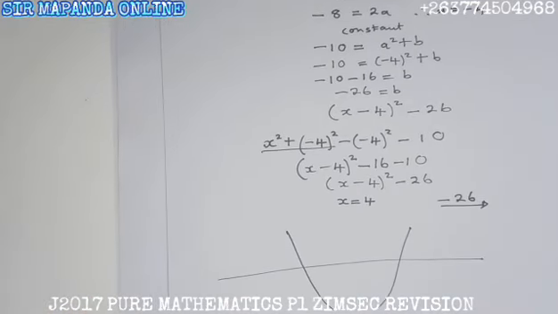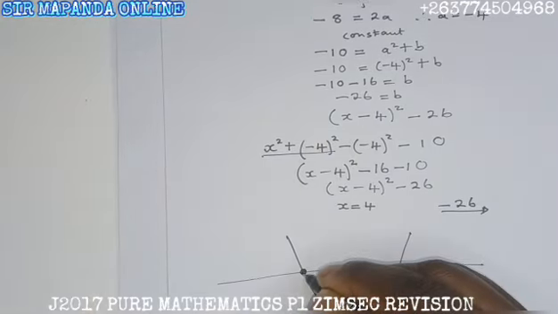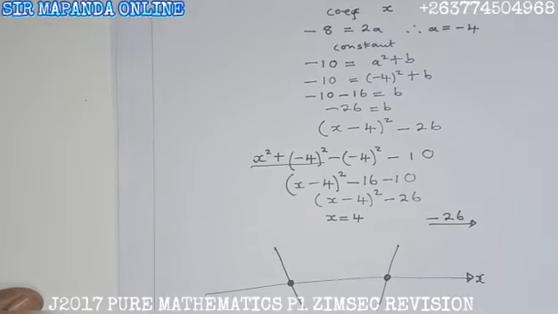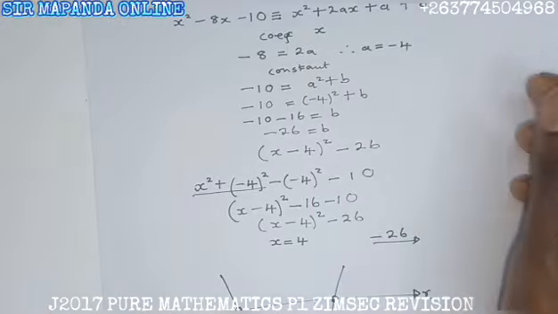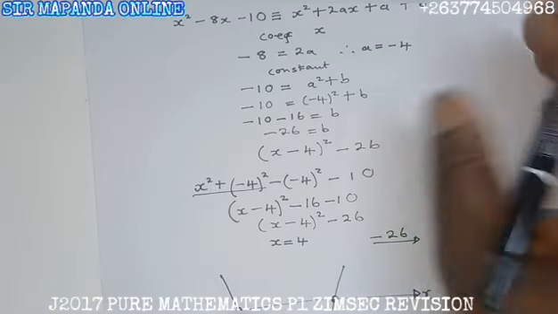It is a U-shaped graph since the coefficient of x squared is positive. So you simply need to find the intercepts, or the values of x when y is 0. I hope you are following. So what is the value of x when y is 0? Very simple.